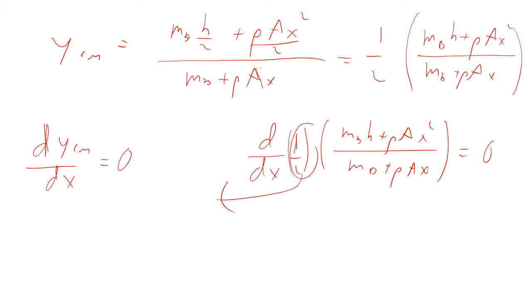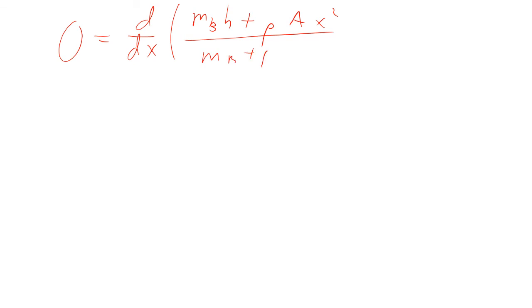And so that means that really all we have to worry about is setting equal to 0 the derivative of (m_b h plus rho a x squared) divided by (m_b plus rho a x). So I've got to take the derivative of that. How do I take the derivative? Well, it's the quotient rule.